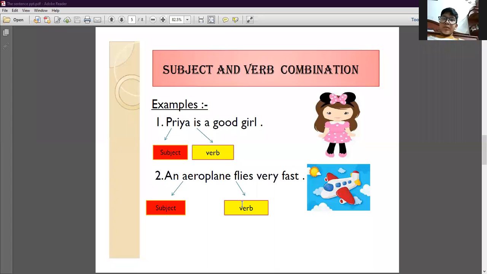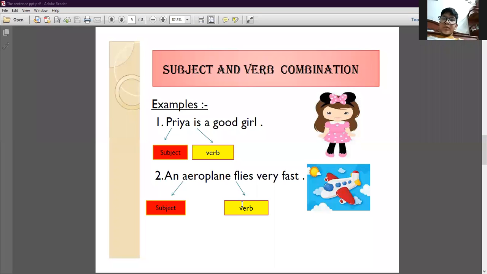It tells us that the subject is a part of a sentence, it contains the person or thing. It can be a person and it can also be a thing. And performing the action, what do they do? They perform the action in a sentence. This is called a subject. What is it called? It is called a subject.